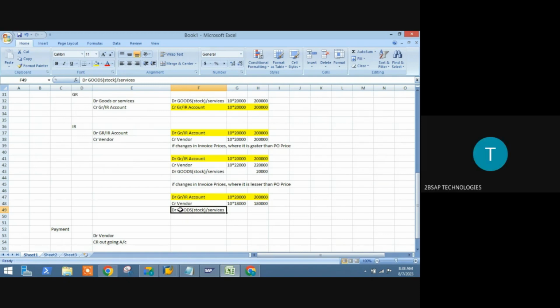Yes, sir. Credit. Why credit? Your invoice value is less than your goods receipt value.